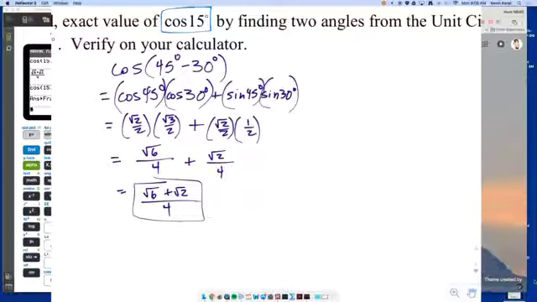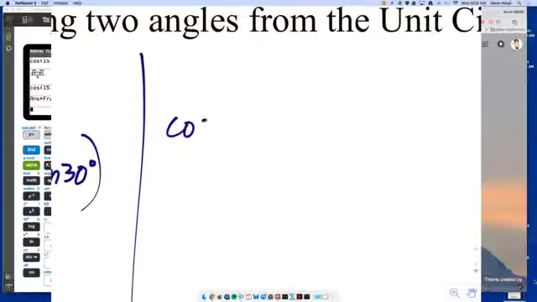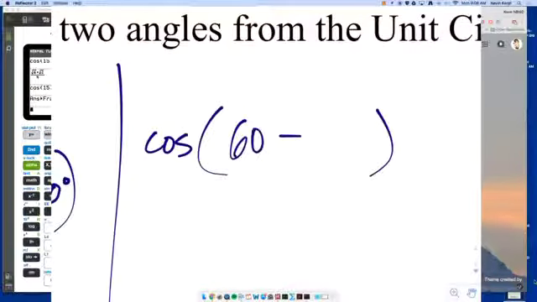are important. Now, are those the only two angles that add or subtract to give you 15 from the unit circle? No. So let's see if we can do it again, but with different angles. Since 15 is so small, we're probably going to be subtracting, right? So what are some other angles that subtract to give you 15? 60 and 45.